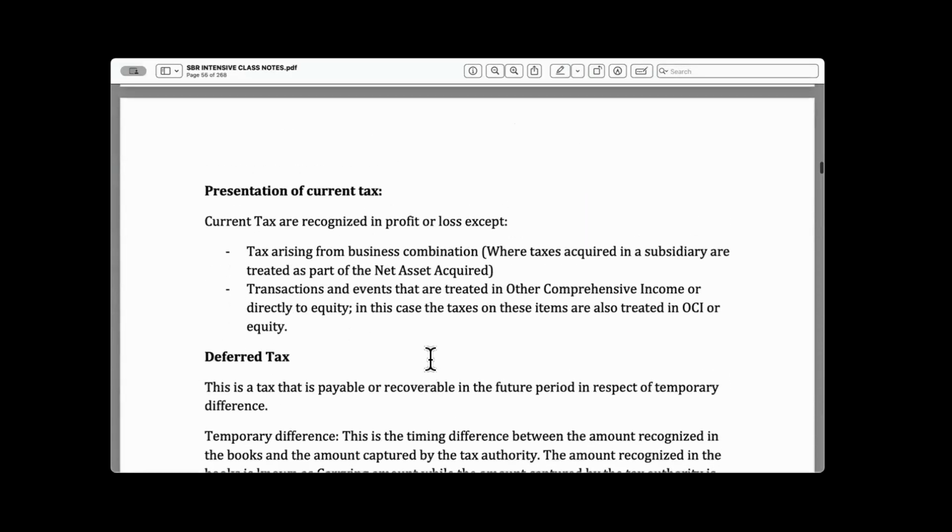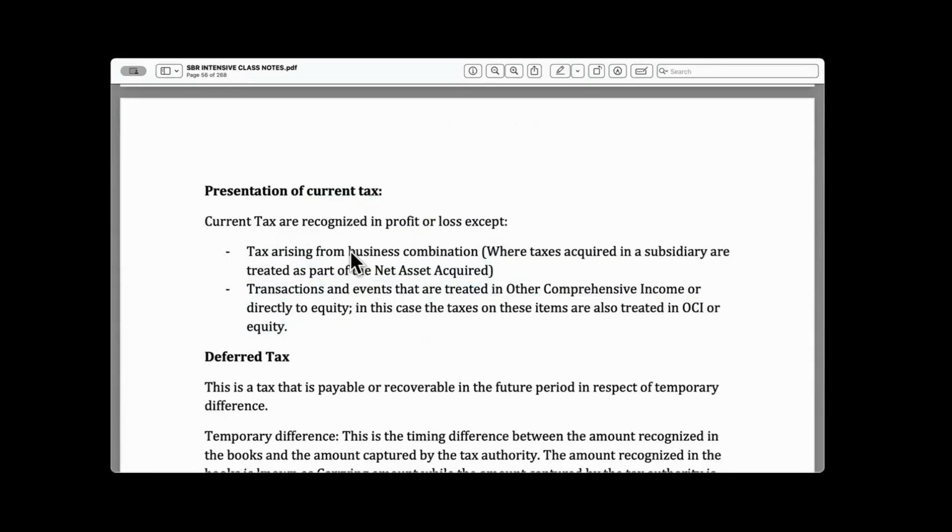Now, usually when you have current tax, you present it in P&L. So I need you to cram this. This is the only exception to where you would not present current tax in P&L.